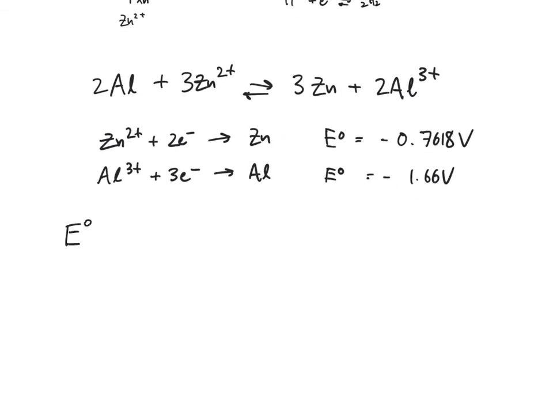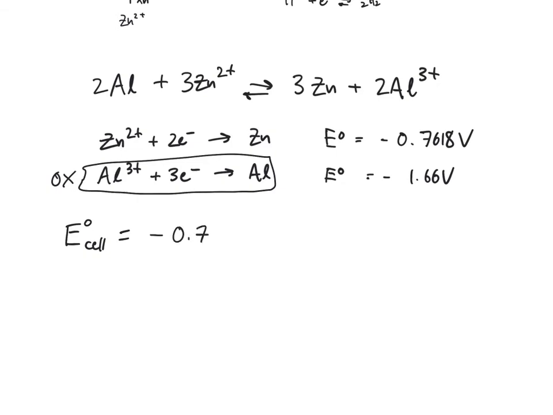So in order to get the overall E naught for the entire cell, then we have to figure out which reaction is the one that's being converted to oxidation, and we need to flip that one around. And as you can see, this reaction is the one that is being flipped around to oxidation. Okay? So our overall cell electrochemical potential is going to be negative 0.7618 volts plus positive 1.66 volts.